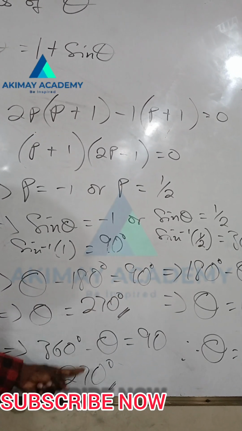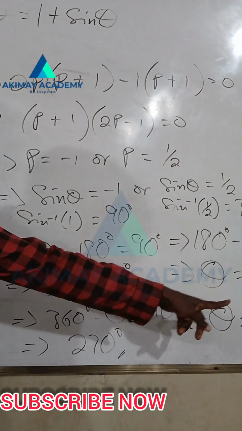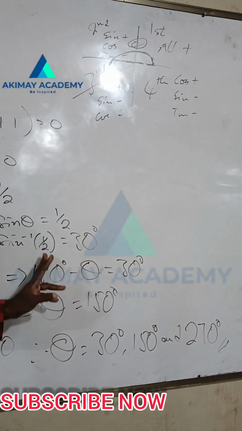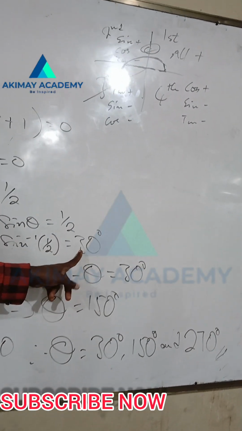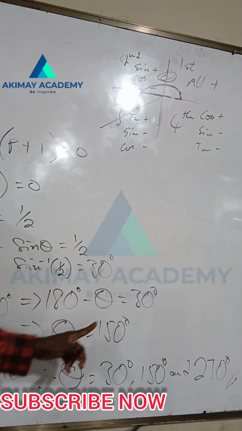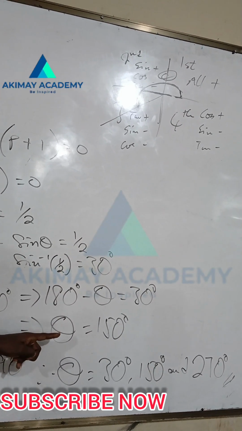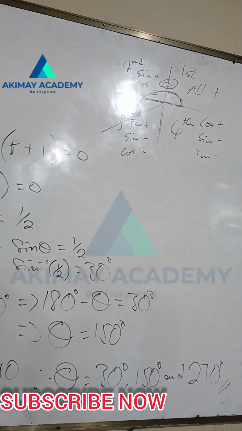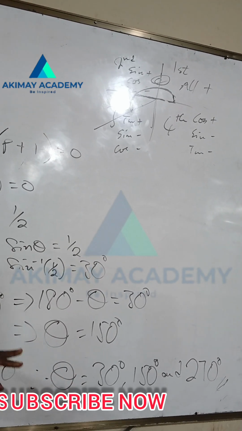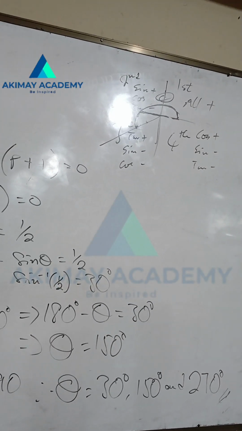But here we are having repeating solutions, so we take one of them, which is 270. Then we do the same for the other part. We realize that in the first quadrant we are getting 30 degrees. Then in the second quadrant, using the expression over here, we are getting 150 degrees for the second solution. So in all, theta is equal to 30 degrees, 150 degrees, and 270 degrees. Good.